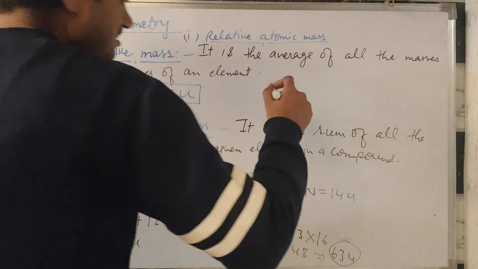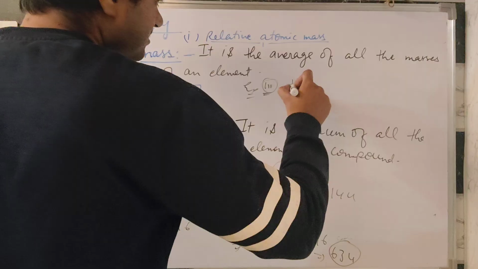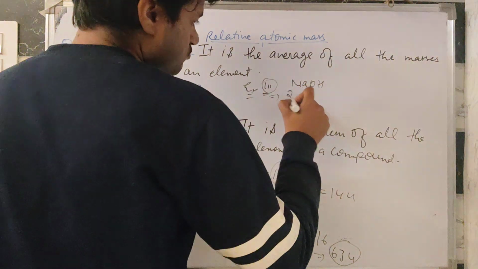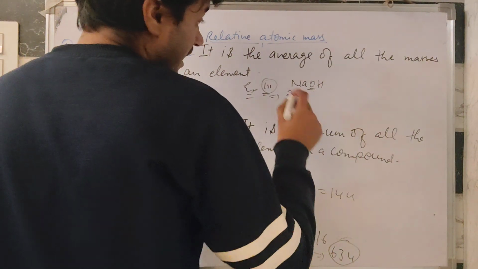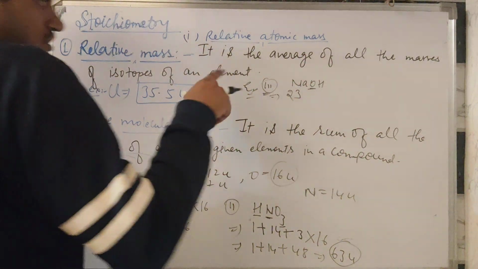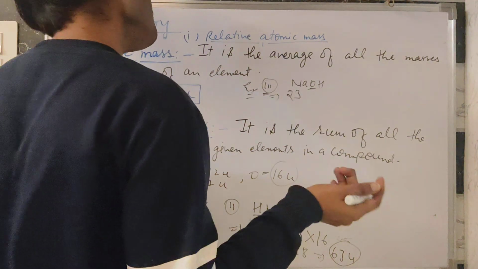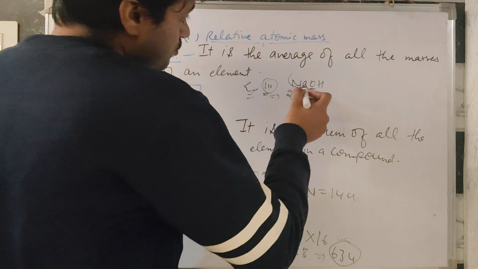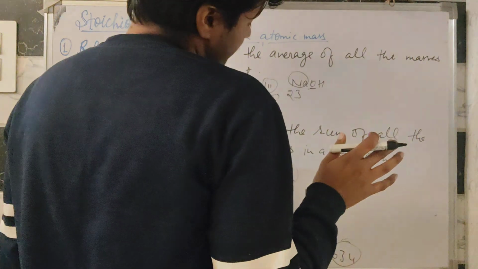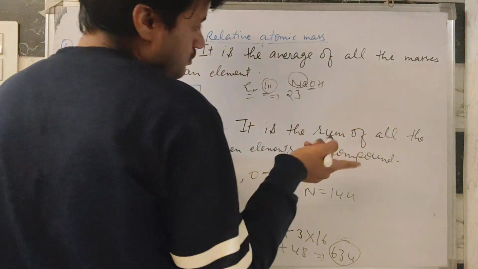Now come to the next example. You can calculate NaOH easily. Putting the value of Na, 23, since the atomic number of Na is 11. Remember the trick: if the atomic number is odd after 10, multiply by 2 and add 1. So 11 gives 22, and 22 plus 1 is 23.